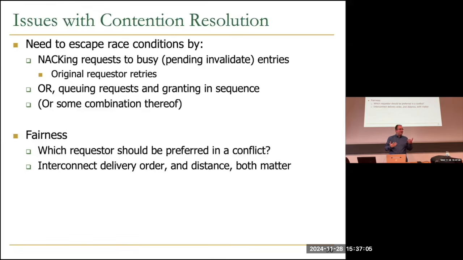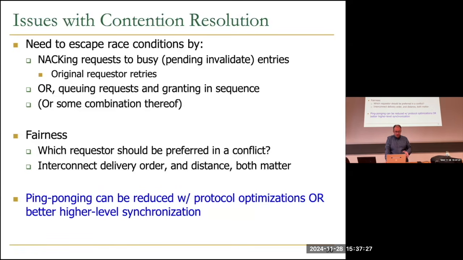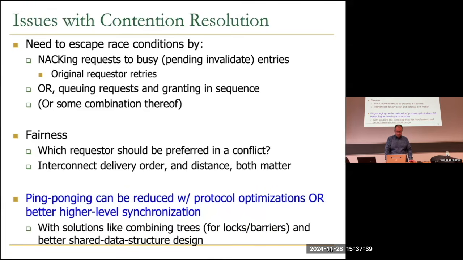Now you have a different definition of fairness. This one is closer and that one is further. So what should we do, essentially? Should we basically NAK processor 1 just because P100 needs to walk 100 hops to get there? So there are many challenges here. This can be reduced with protocol optimization, of course, or better higher-level synchronization. So in the end, there should be effort from both hardware and software to make things nicer.